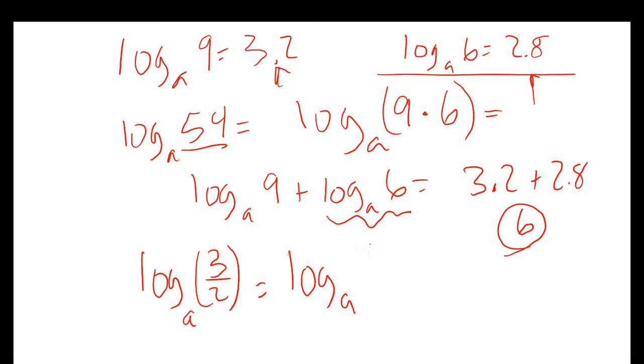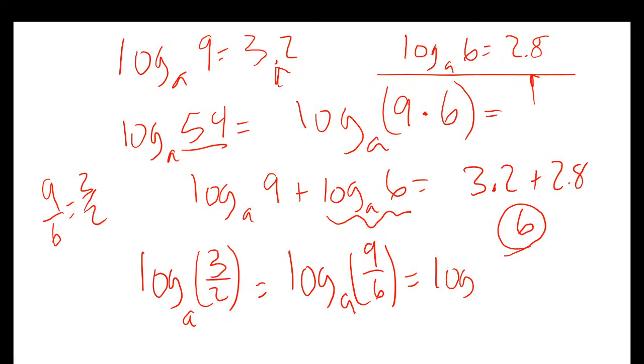This is log A of 9/6. As a reminder, 9/6 is equal to 3/2. If you have division, what do you do? Subtract. Log A 9 minus log A 6, which is 3.2 minus 2.8, which is equal to, survey says, 0.4.